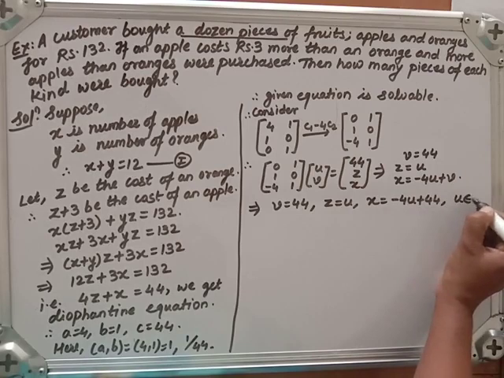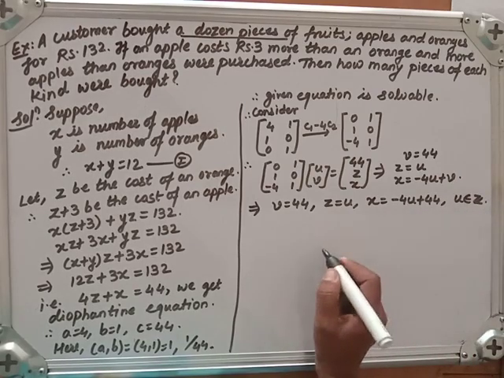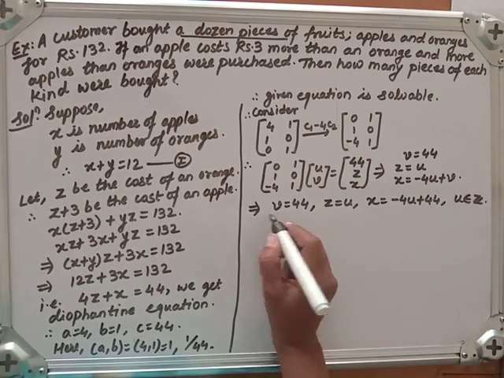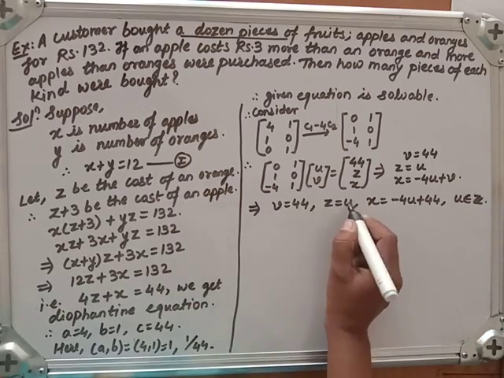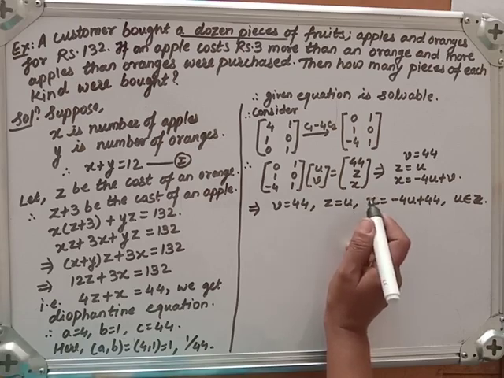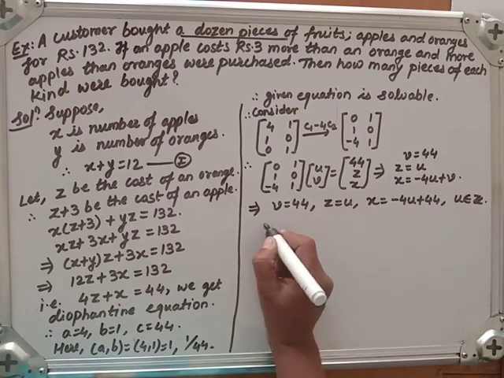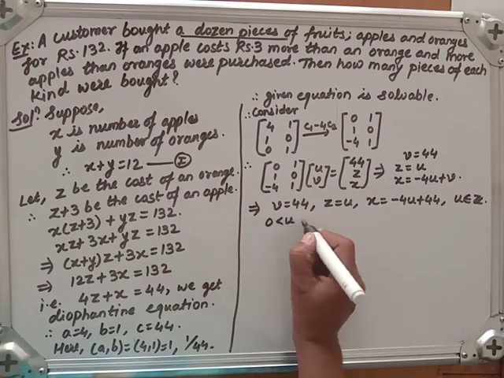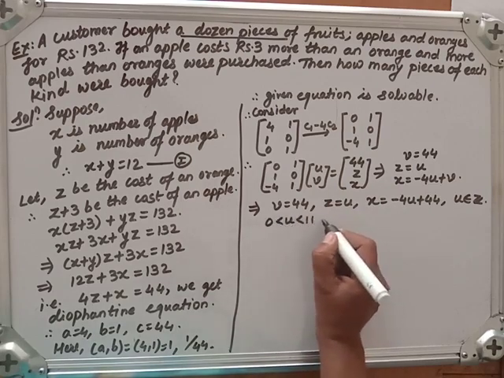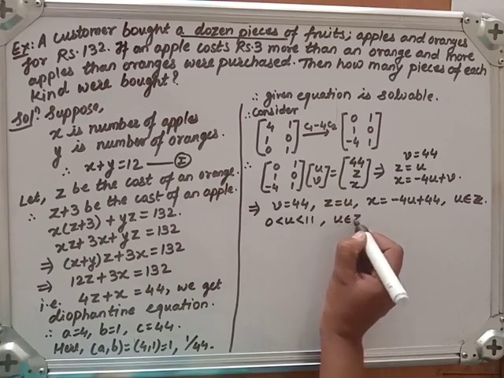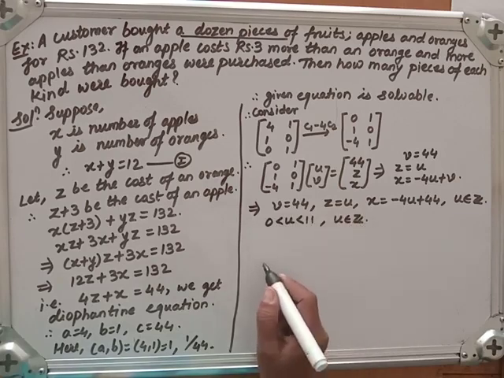This U belongs to the set of integers. Now U lies between 0 and 11, so 0 less than U less than 11.